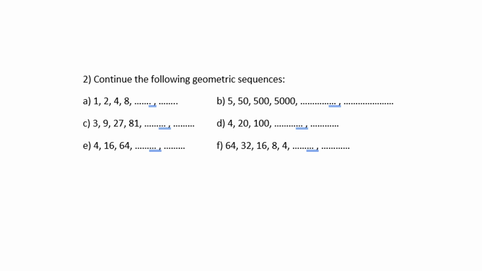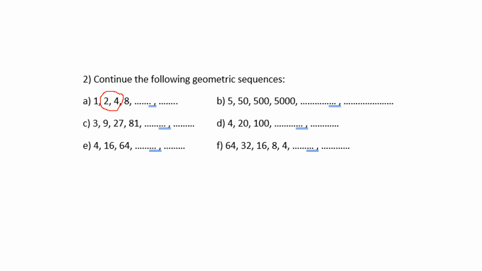Question 2, these are now geometric sequences, we are told that, and you need to find out how you're getting from one term to the next. The easiest way to find that rule is to take two consecutive terms. So for example, in A, let's say these two, they are consecutive terms because they're next to each other. If you divide 4 by 2, you get 2.